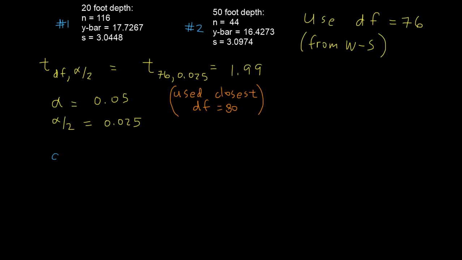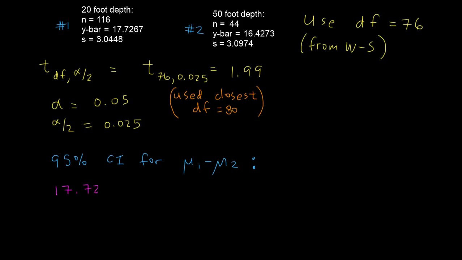So let's start with the 95% confidence interval for the difference in means between the mean length between the two depths. Sample mean number 1 is 17.7267.